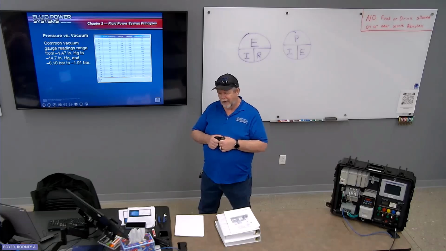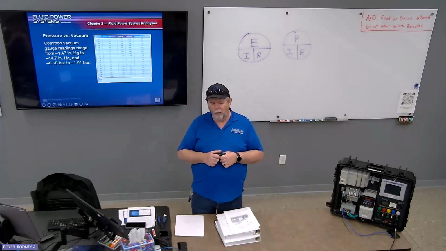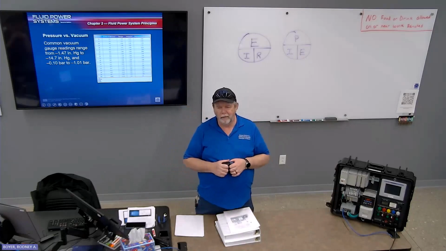I don't understand why, but you would think that 1 bar would be 1 atmosphere. 2 bar, 2 atmospheres, 3 bar, 3 atmospheres. And for whatever reason, a bar is not exactly equal to 14.7, which throws you off.